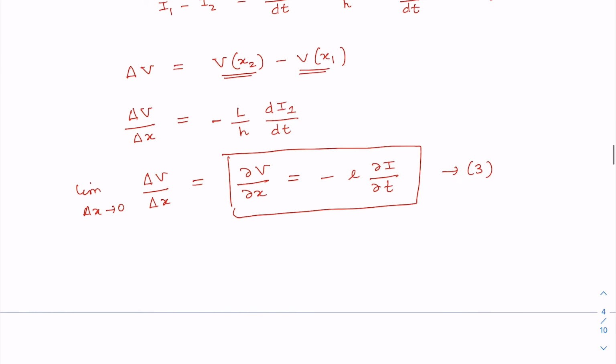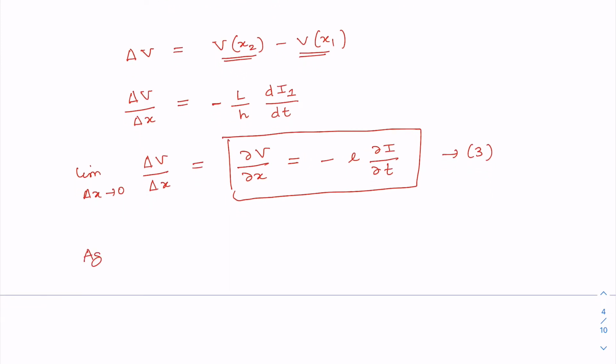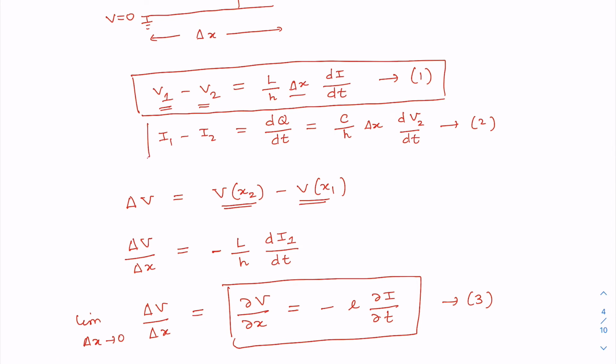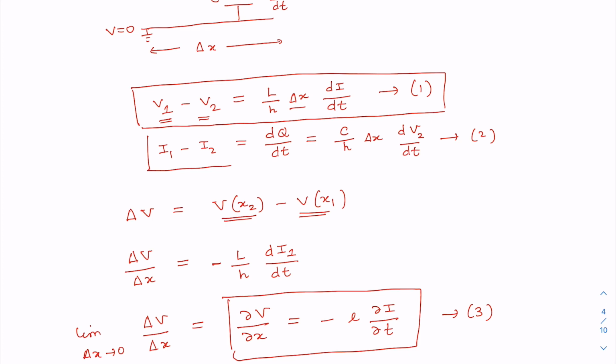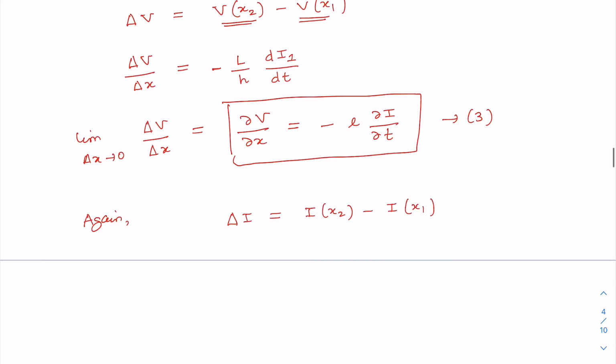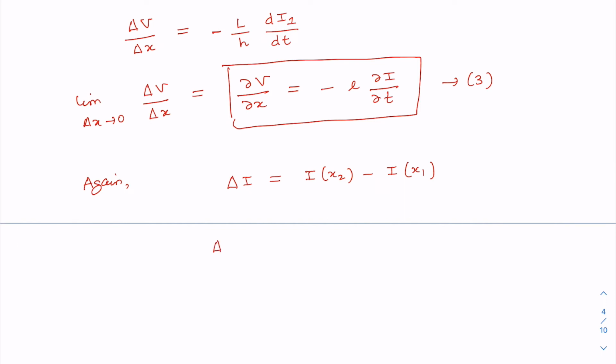Similarly, again we can write the current difference, that is delta I, equal to, again look at this equation, delta I I can write as I(x2) minus I(x1). Here I am writing it as I1 minus I2, again you will get a change in sign, so therefore I can write delta I by delta x equal to minus C per unit length times dV2/dt.